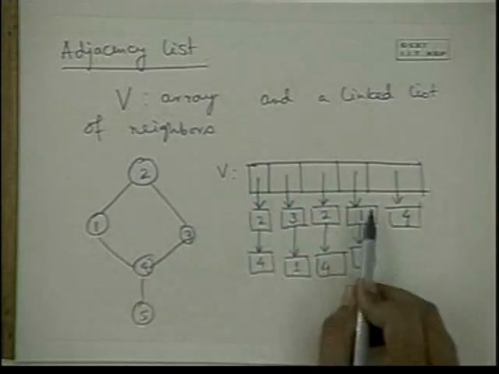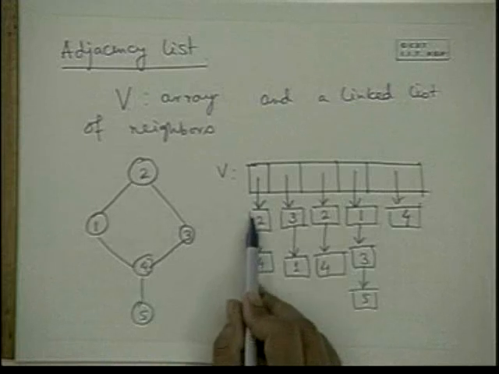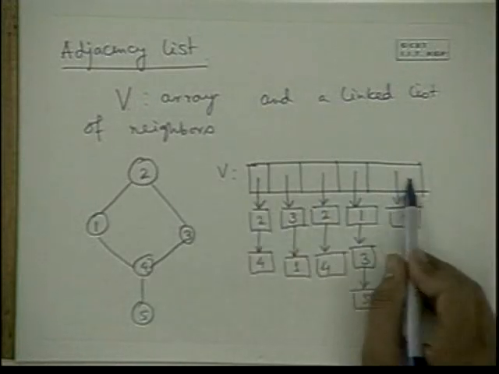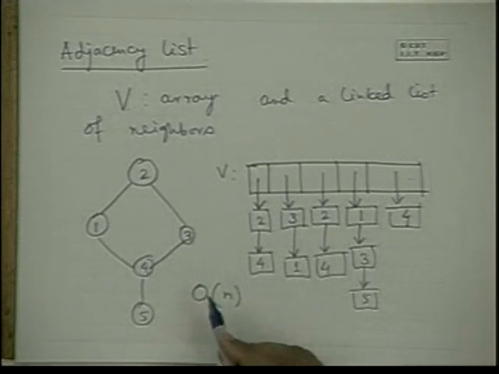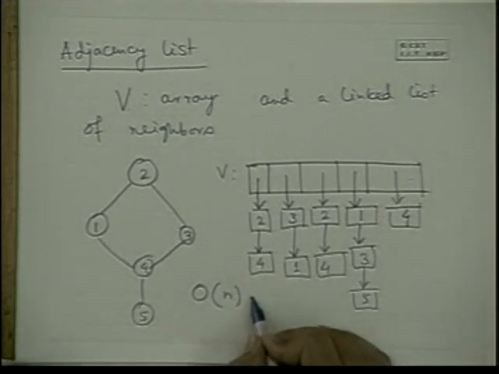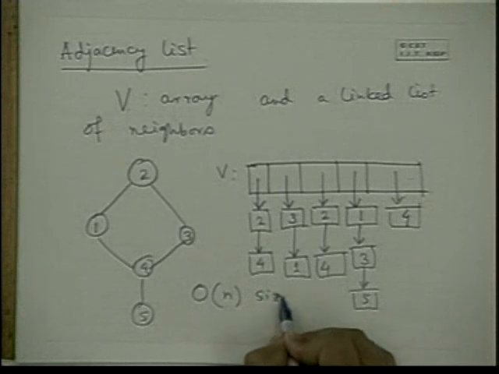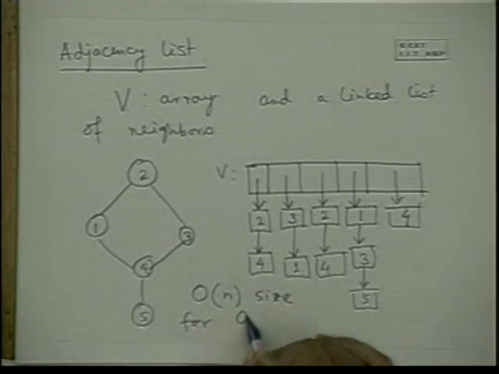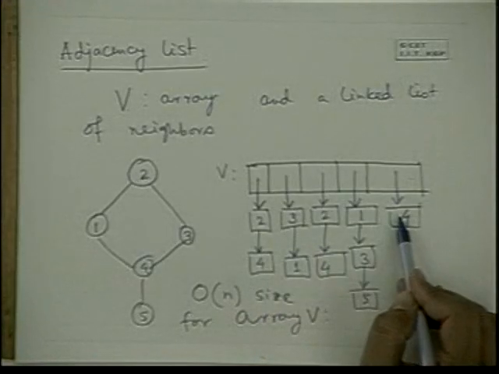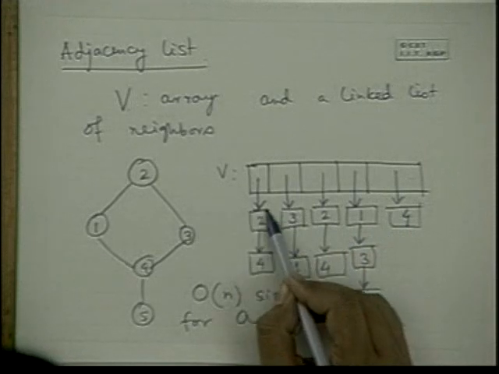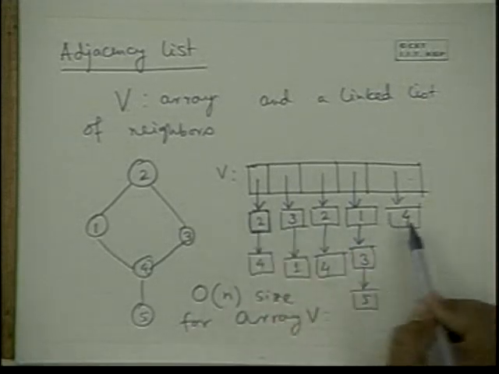Now one can verify what is the size of this data structure. It is nothing but first the array size, which is of order n. So this is the order n size for array V plus the size of all these linked lists. Now, what is the sum of the size of all these linked lists?